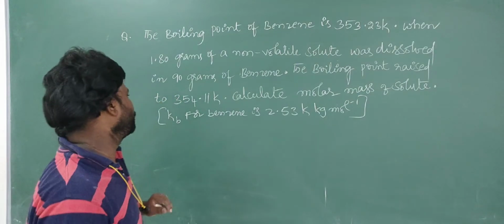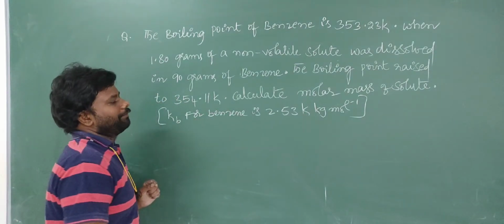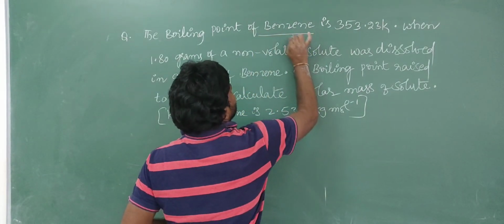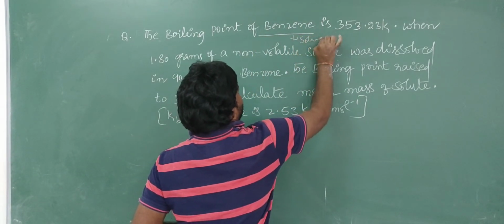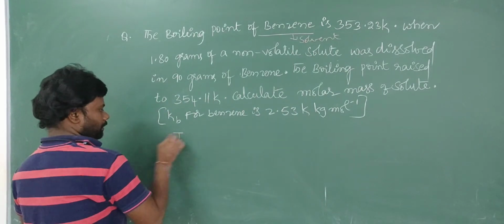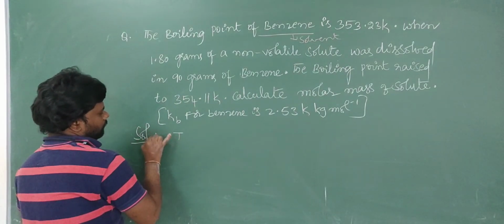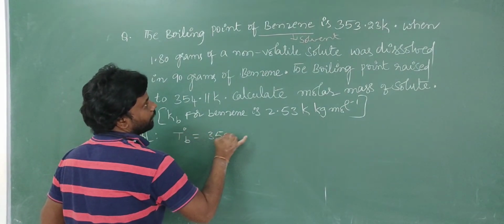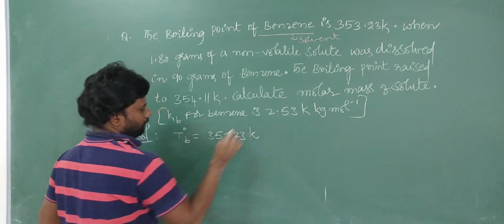Calculate the molar mass of solute. Kb for benzene is 2.53 Kelvin kg mole inverse. Here benzene acts as solvent, so the boiling point of solvent, T naught B, is equal to 353.23 Kelvin.